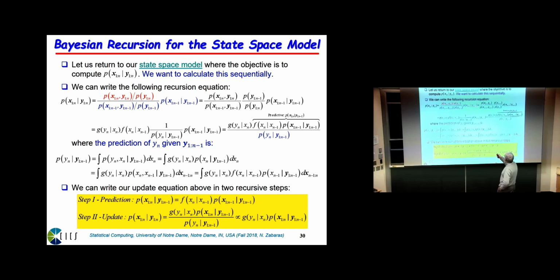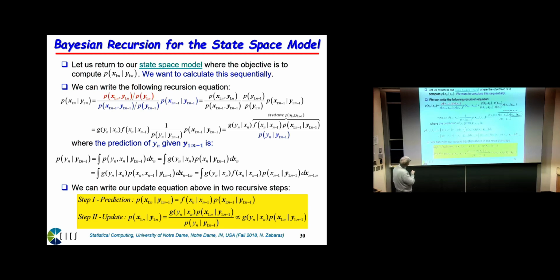So what is the blue thing? Look at the blue thing, and will you agree with me that the blue thing cancels out? Do you agree in other words that this is equal to that? I mean, I can write this, right? P of this x given y times P of y, which is that, so they will cancel, and this will cancel with that. Yes? All right.